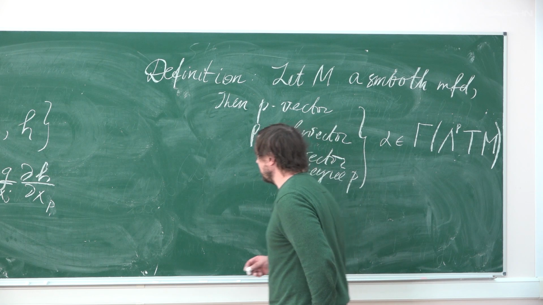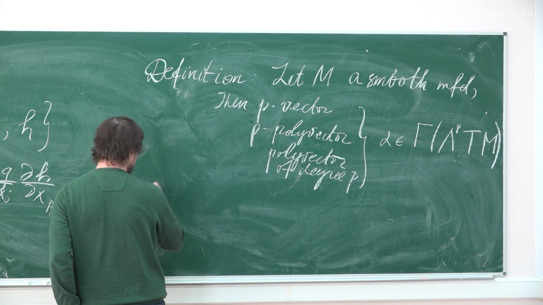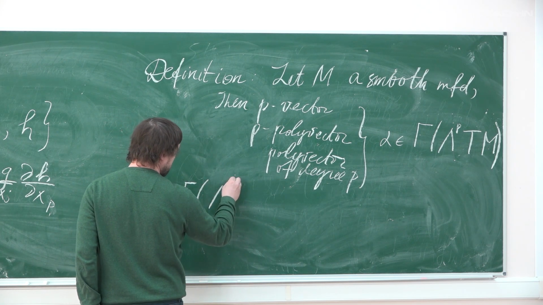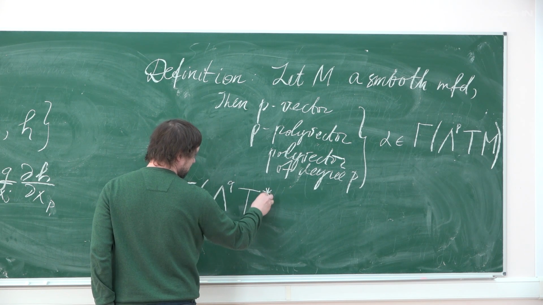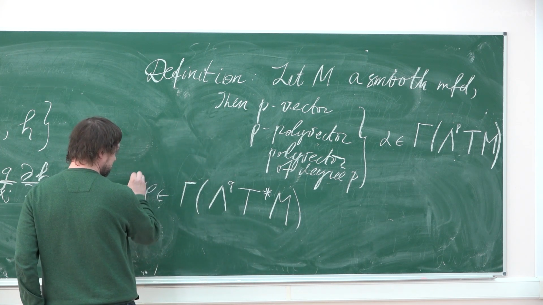So you are used to dealing with sections of exterior powers of the cotangent bundle of M, right? They are called differential forms.